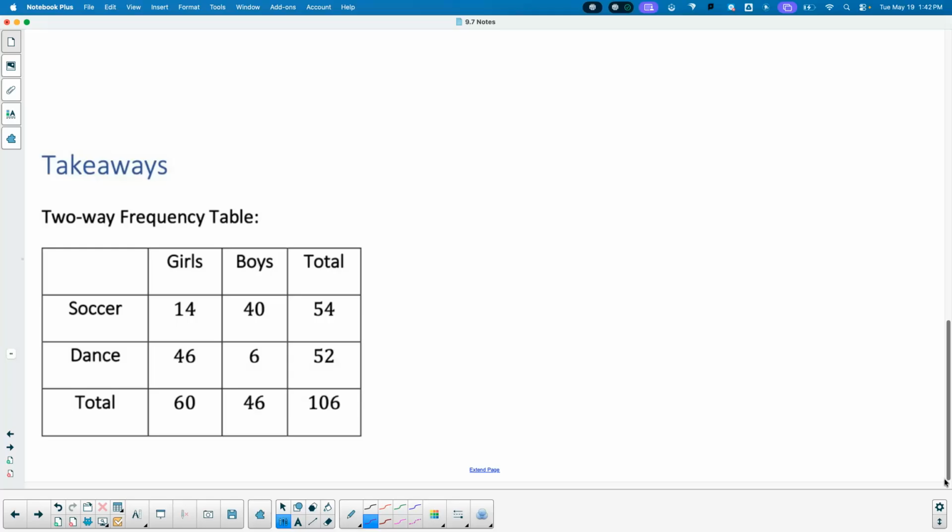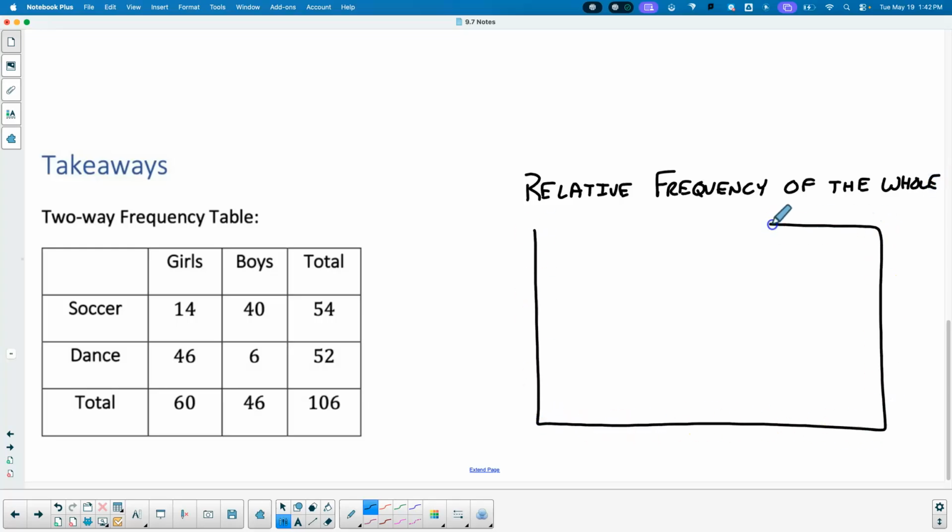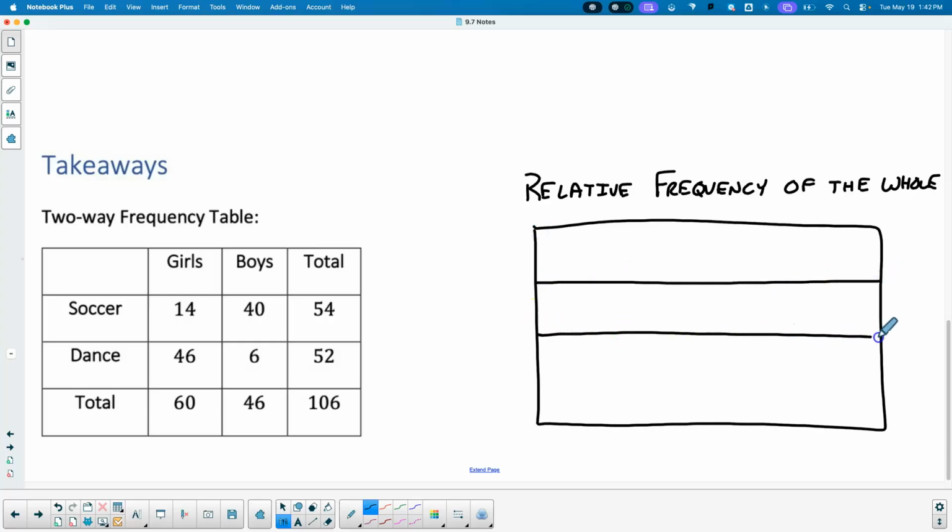So, on your takeaways, we haven't done one of these yet. Let's do a relative frequency of the whole. So you need to draw yourself a new chart.